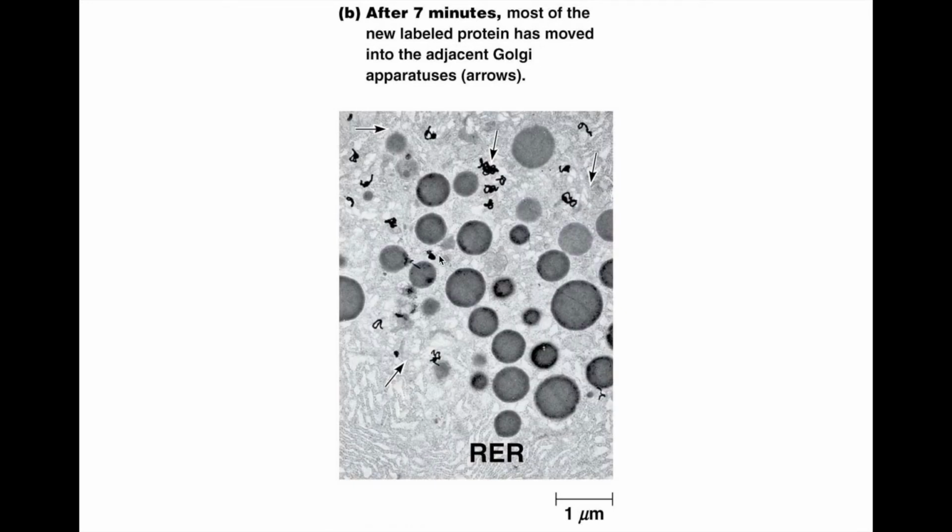That's after 3 minutes. Then after 7 minutes, most of the protein is now moving to the cis Golgi. It's kind of hard to tell on these diagrams, but you can take my word for it.